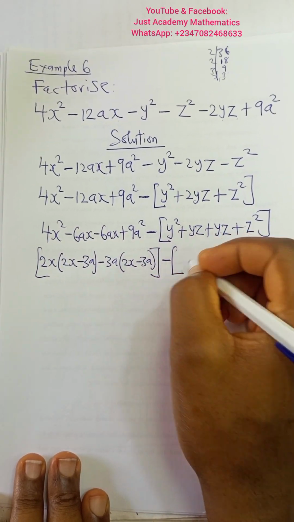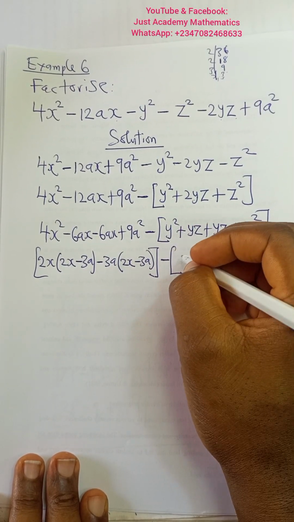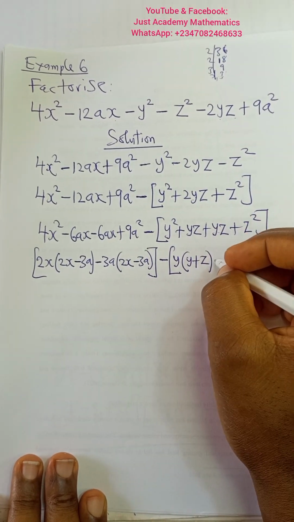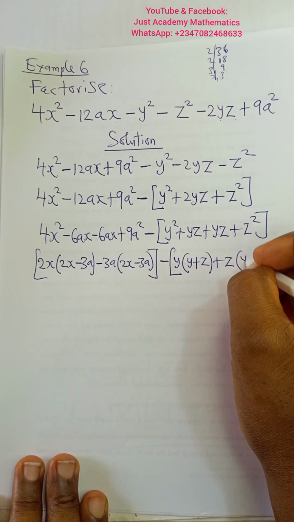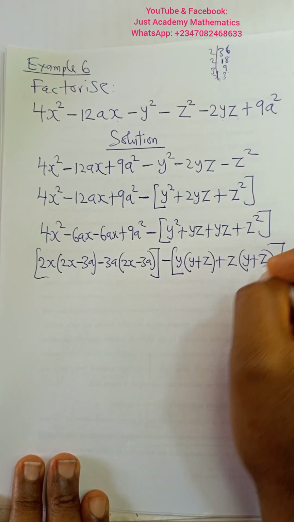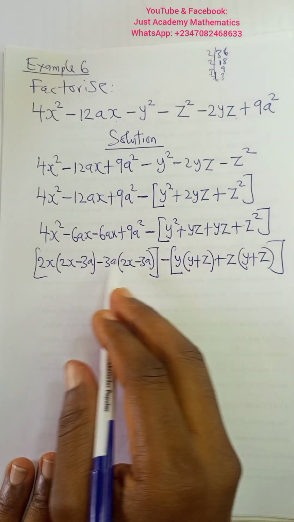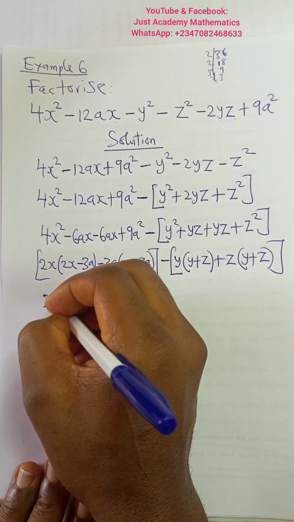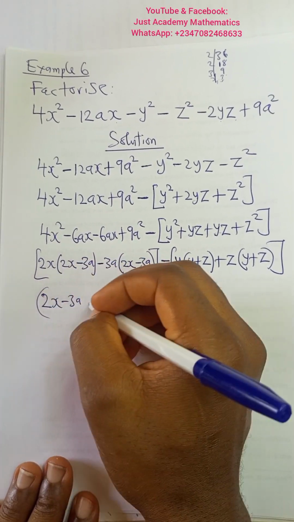Then minus for this other one. What is common here? Y. What will remain? Y plus Z. Here, what is common? Plus Z. What will remain? Y plus Z. Are you seeing something now? What if you bring out the common bracket? You have 2X minus 3A. What will remain here?